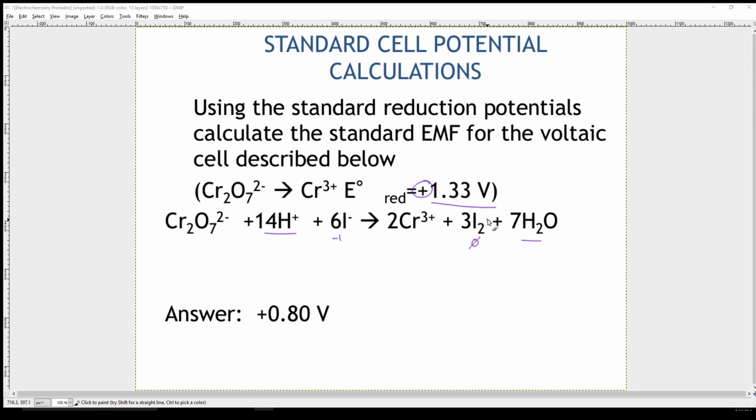And I know that because when it forms this little diatomic molecule, I know that it's got to have an oxidation number of 0 in order to be neutral, which it is. So did iodine gain electrons or lose electrons? Iodine lost electrons, which means, was it oxidized or reduced?